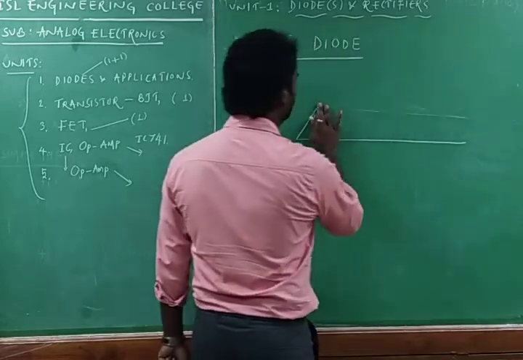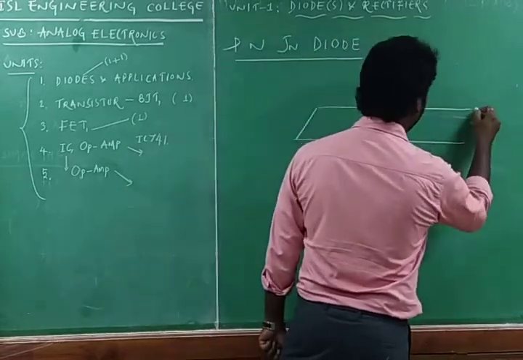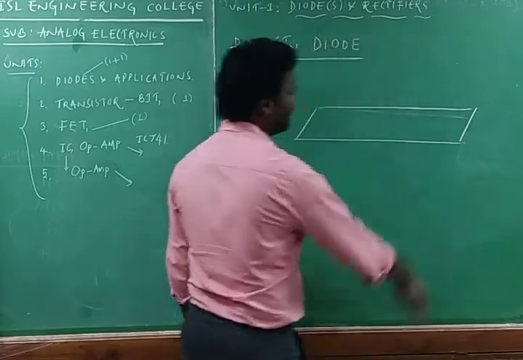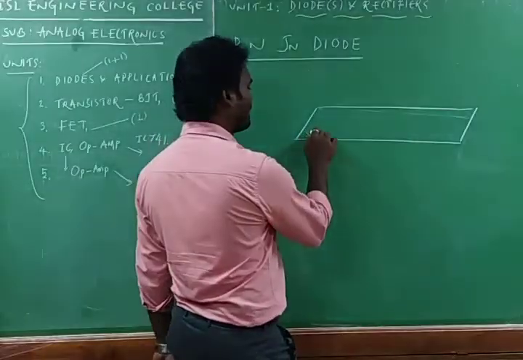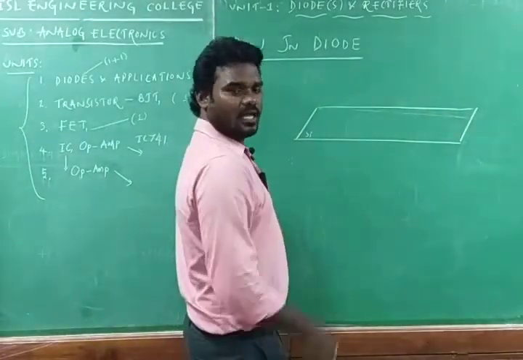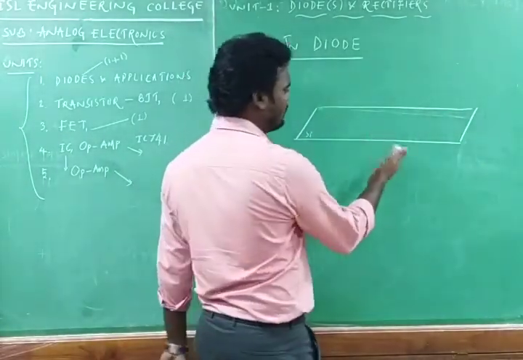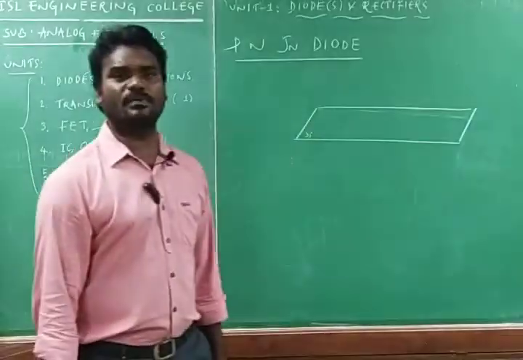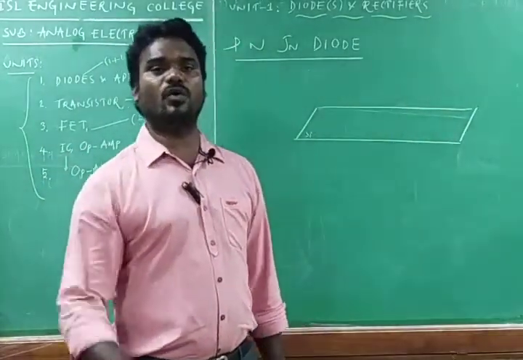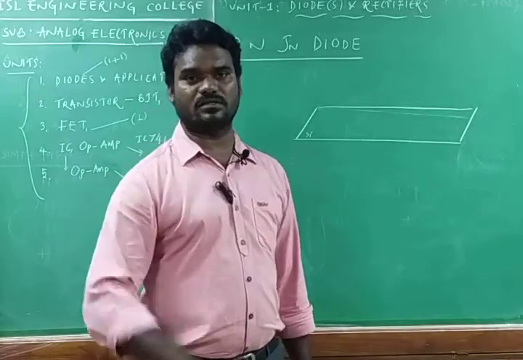The best examples of semiconductors are silicon and germanium. Let us assume it is a silicon wafer on which we have to create P-type and N-type semiconductor. P-type semiconductor is the one in which holes are more than electrons.